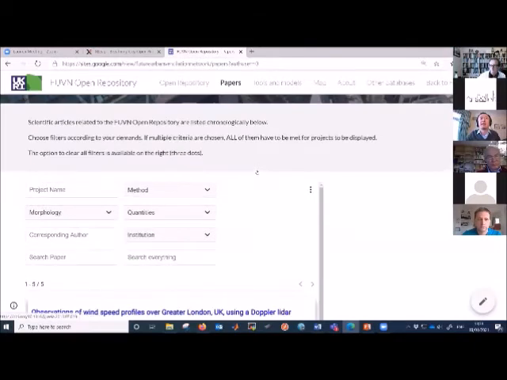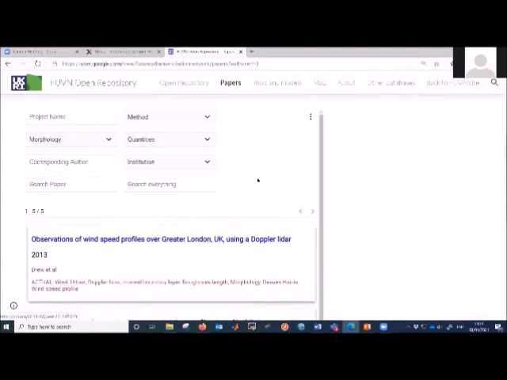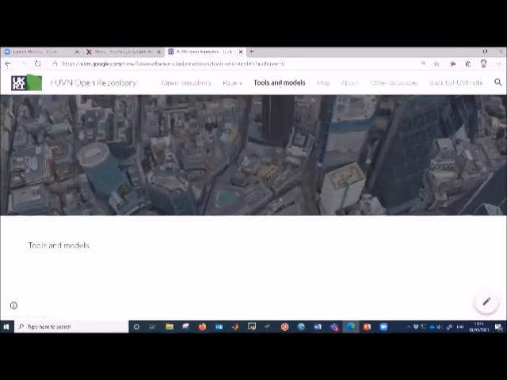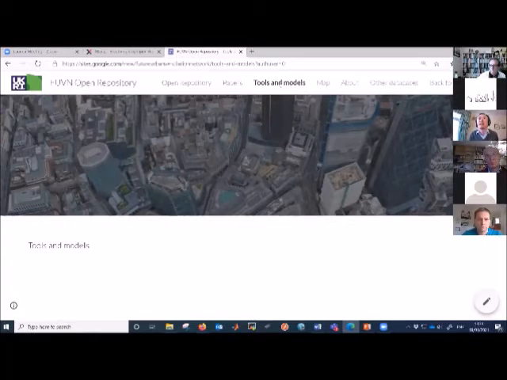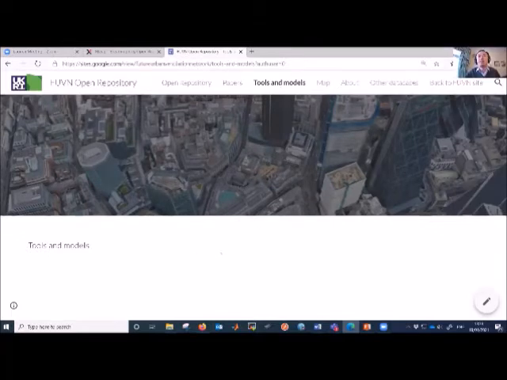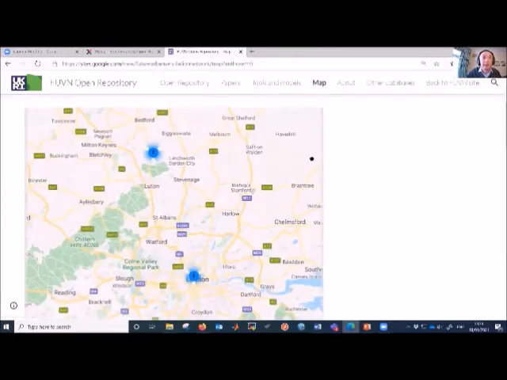Ideally, if the paper has some data sets, they can be here. We also think some tools and models, like MATLAB or Python code, if you want to share, you can share here, or you can point to your website. This would be really useful. And the map can be alive.